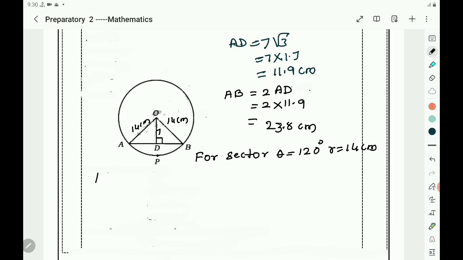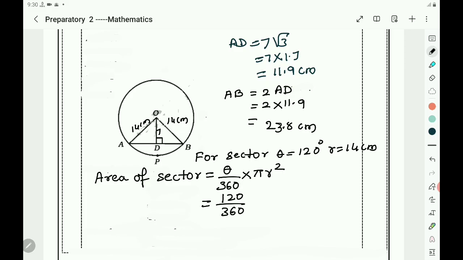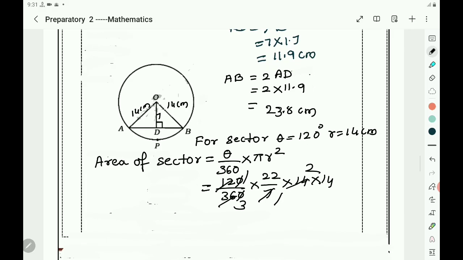Then you write the formula for the area of the sector. Area of sector equals theta by 360 into pi r square. Theta is 120 by 360 into pi, whose value is 22 by 7, into R, which is 14 into 14. 7 twos are 14, cancel. 12 ones are 12, 3 times.